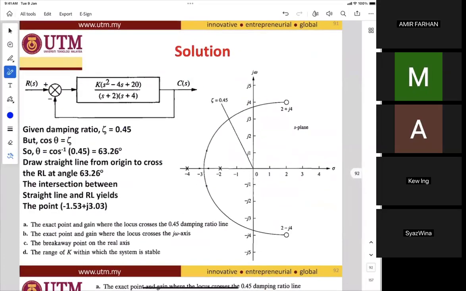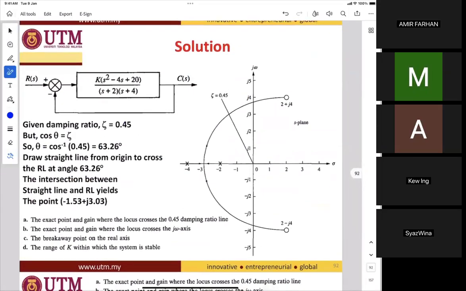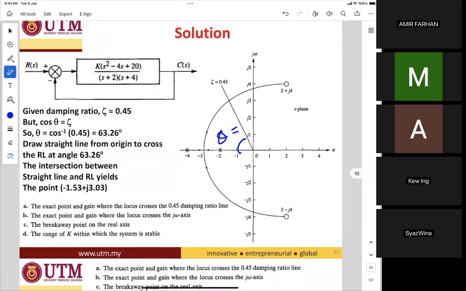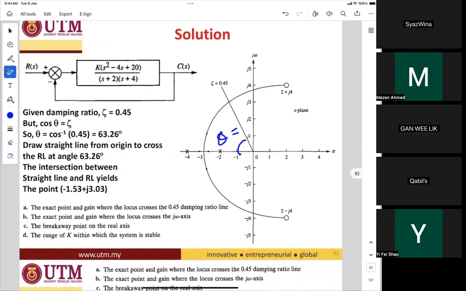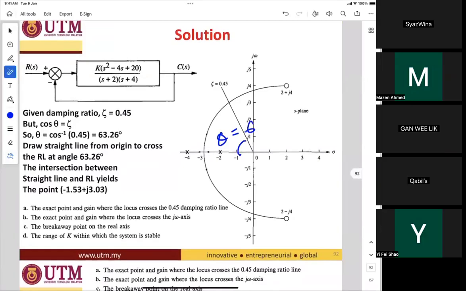So we plot as shown here. So this is theta. Theta equal to 63.26.